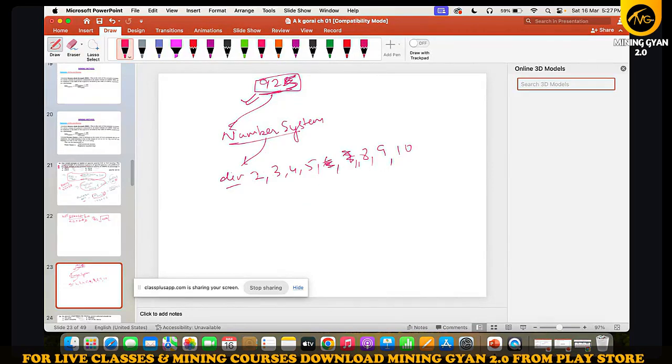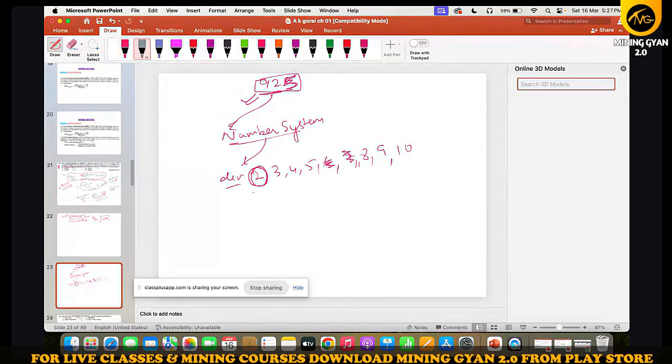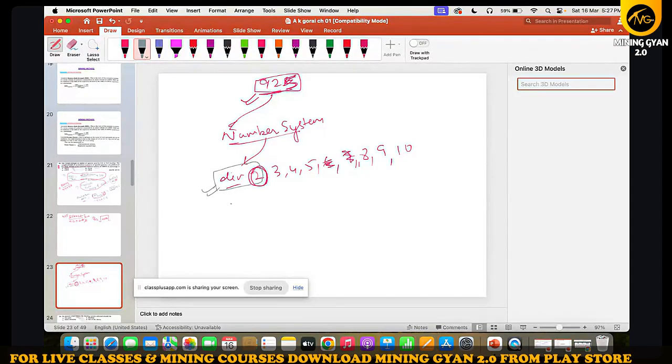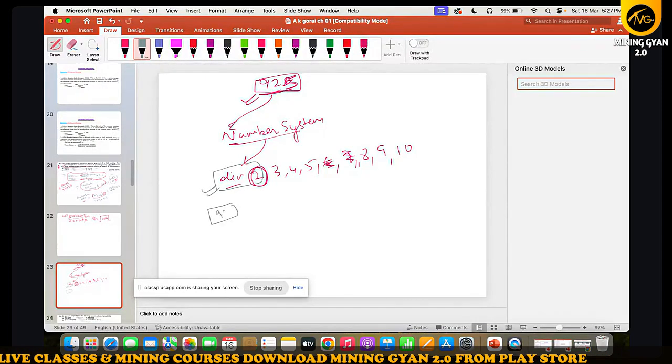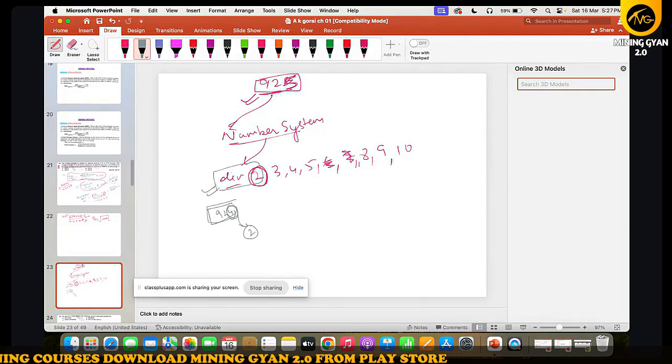Okay, so if any number is divisible by 2, any number like 924, the last digit should be divisible by 2, then the whole number will be divisible by 2. This is the rule of divisibility.